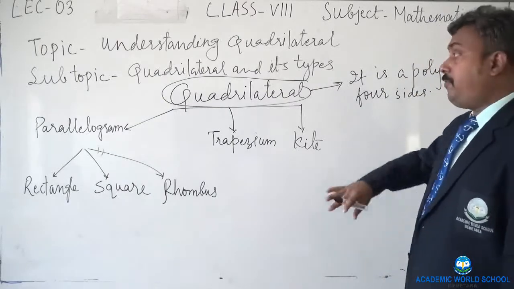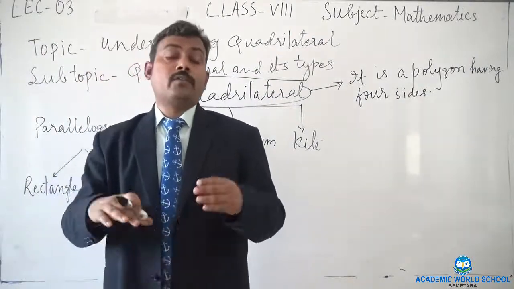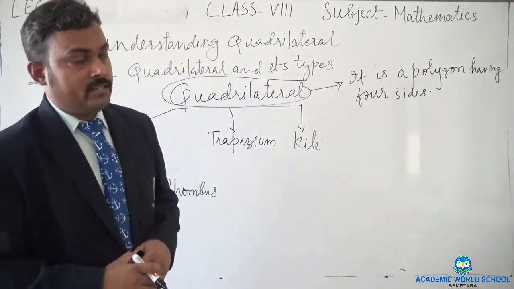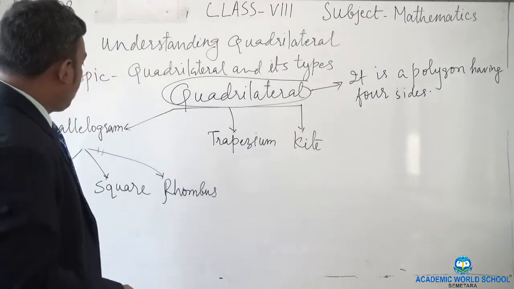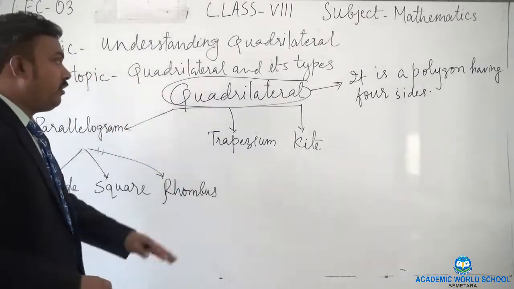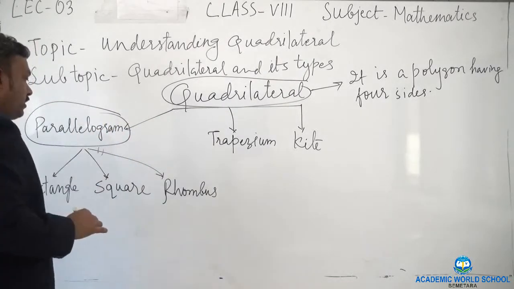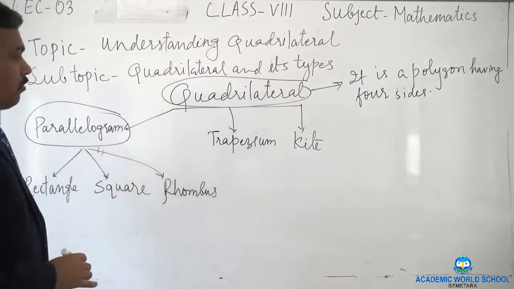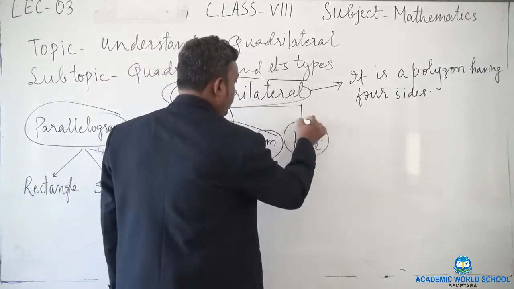Now, if we see the quadrilateral, we will come across various types of quadrilateral. Basically, the quadrilaterals are categorized into 3 parts. There are 3 different types of quadrilaterals: first is the parallelogram, second is the trapezium, and third one is the kite.